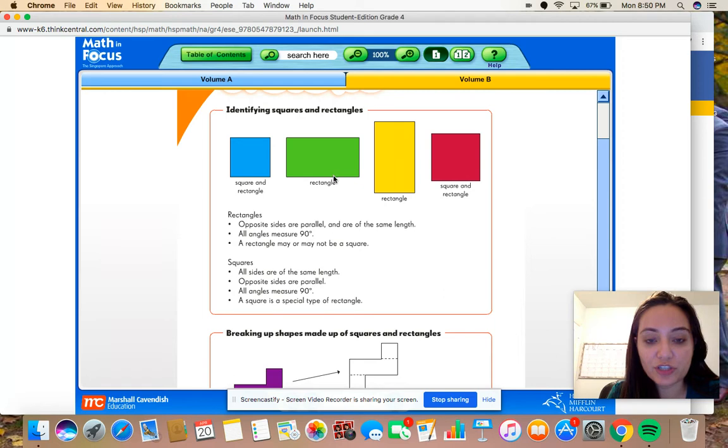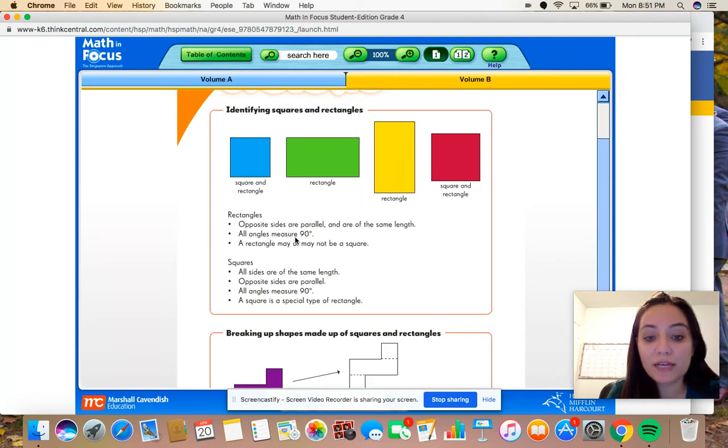They don't touch each other. Here's one side, and here's another side, also opposite. They don't touch each other, they're parallel, and they are of the same length. The parallel sides are of the same length, okay? This is the same length as this side. This is the same length as this side, okay?